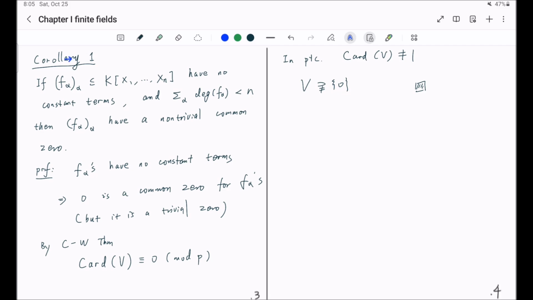As a special case of this corollary, consider homogeneous polynomials, namely each component of that polynomial has the same degree.